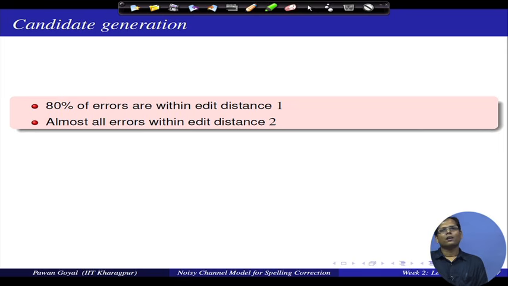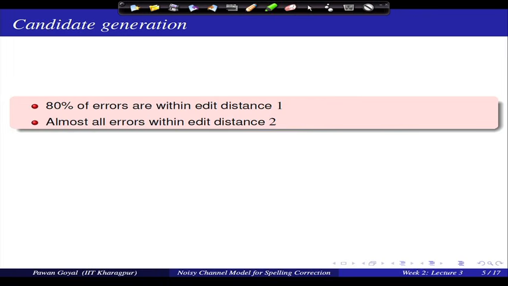Now that means whenever I have a misspelled word, I have to first generate all the possible candidates. There we try to use some sort of statistics. How many different candidates should I be using? The general statistic says that 80% of the errors are within a distance of 1, and nearly all the errors are within a distance of 2. So that means I can mostly try to use the candidates within a distance of 1 or 2.